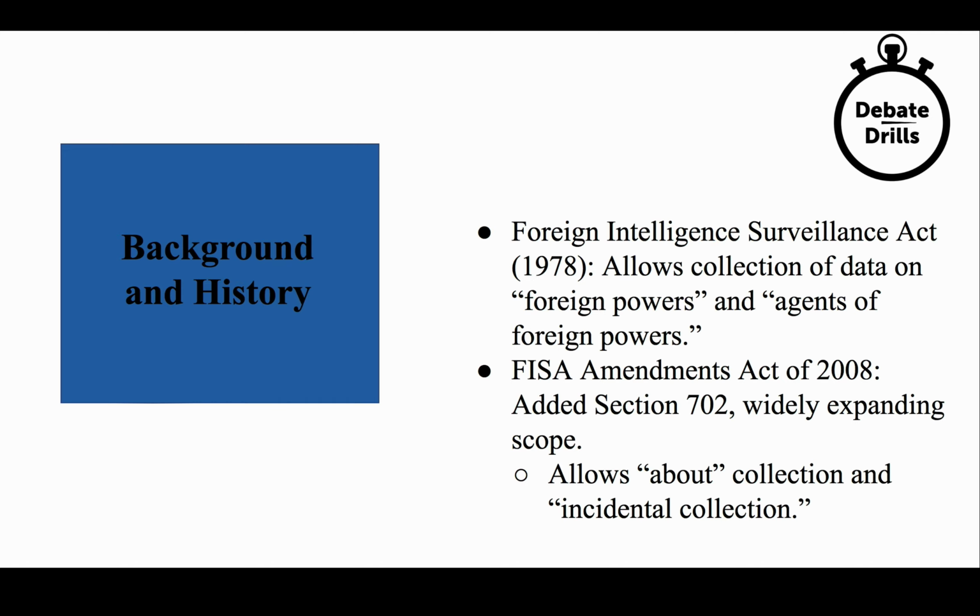Because if Section 702 allows the surveillance of people that are not necessarily American citizens or non-permanent residents, that would mean that potential positions could argue that as a result of limiting surveillance of Americans, that would likely also result in the limiting of data that is collected much more broadly, because that might limit incidental collection, which then would revert FISA back to a much narrower version of itself. More on that when we talk about potential positions on each side.